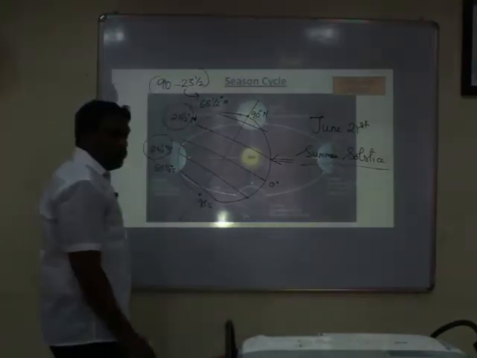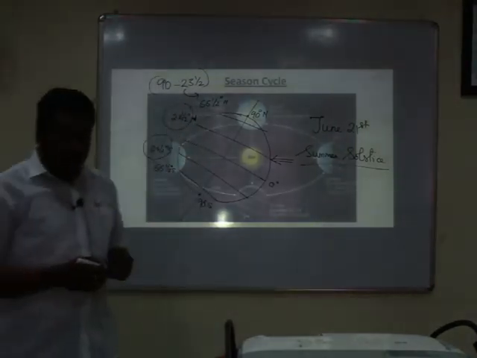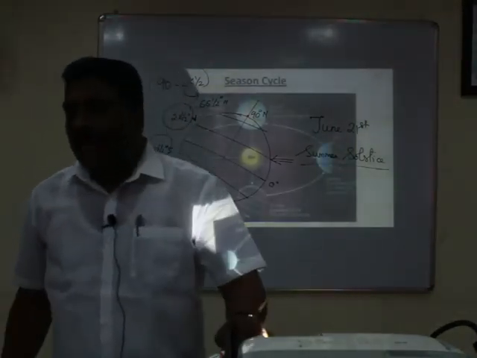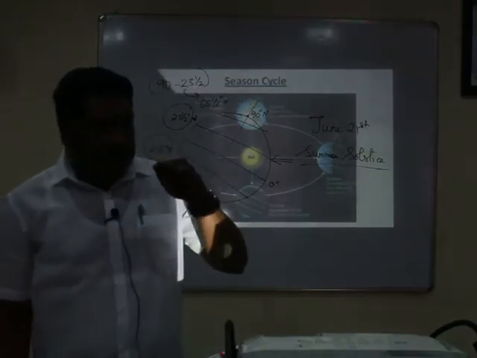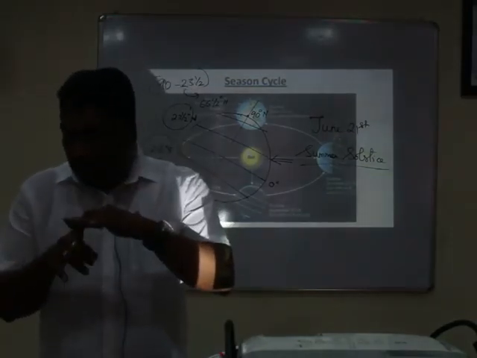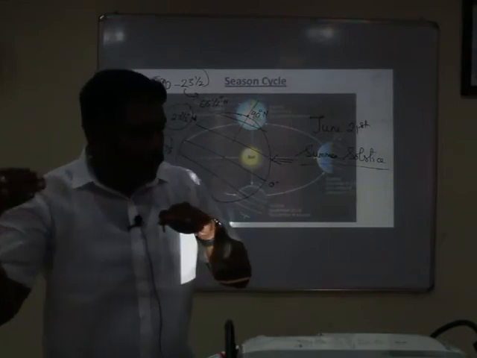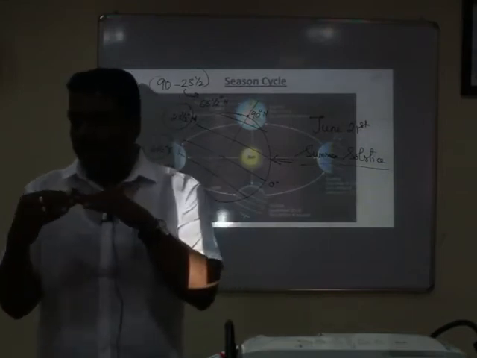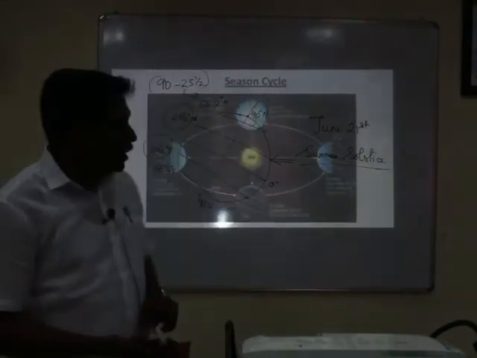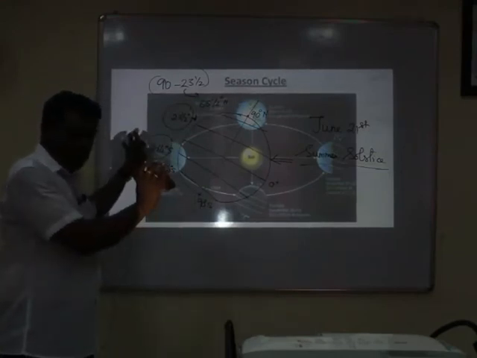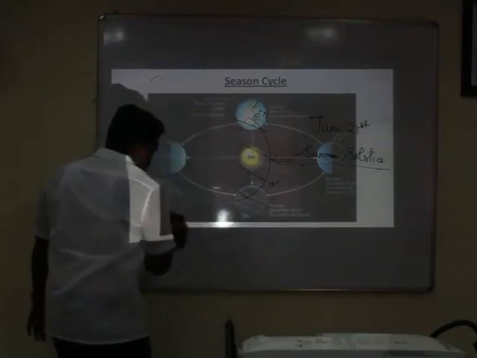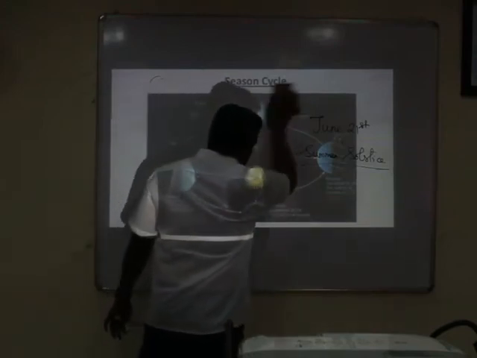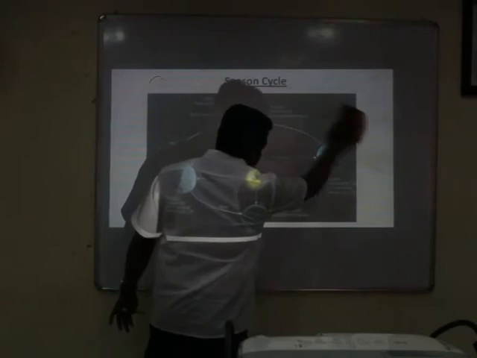Very important: the Tropic of Cancer. And what is very important? The Tropic of Cancer is the northernmost limit where the sun's vertical rays can reach. I'll tell you what these vertical rays are. So far is it clear? Yes? I'll tell you what the sun's vertical rays are, and then I will proceed further.